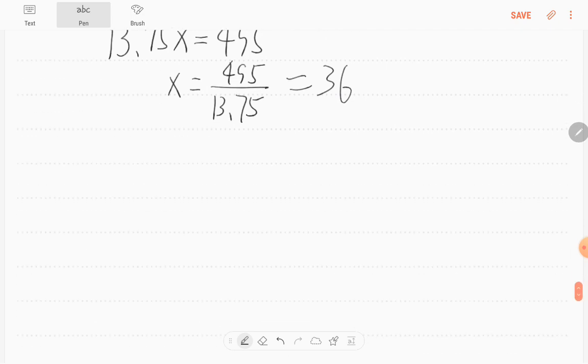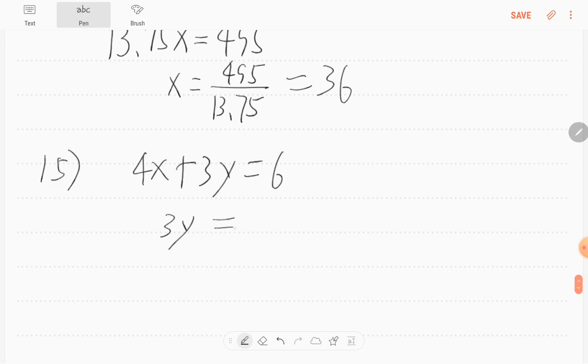And the next one is a very simple question. 4x plus 3y equals 6. We want to solve this equation for y. In other words, we want to write it as y equals something. So we subtract 4x on both sides, so 3y equals 6 minus 4x.